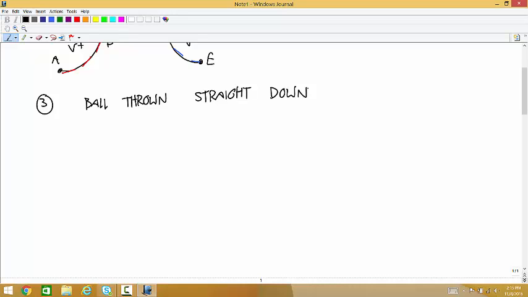Okay, so for a ball thrown straight down, what did it say the positive direction was in the 0 position? Well, part A and part B are sketch a graph of the position's x component versus time, and then sketch a graph of the position's y component versus time.